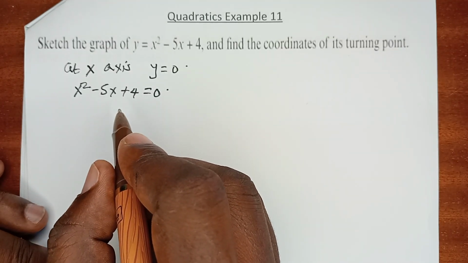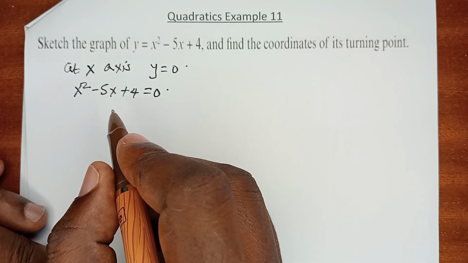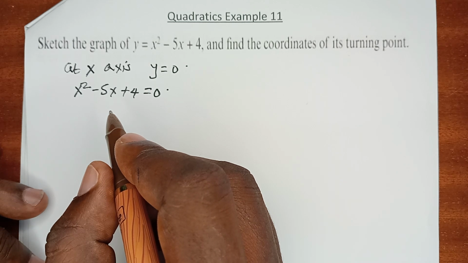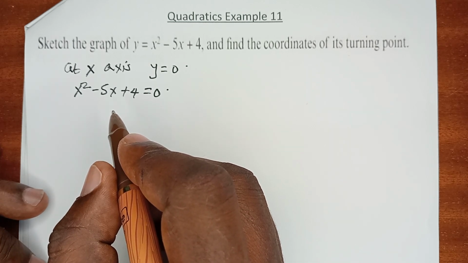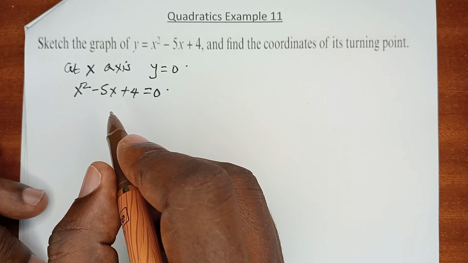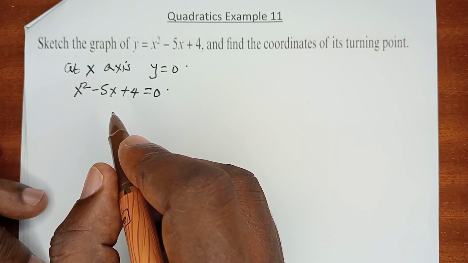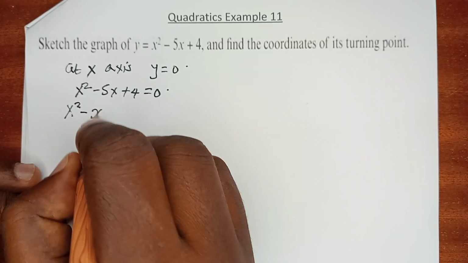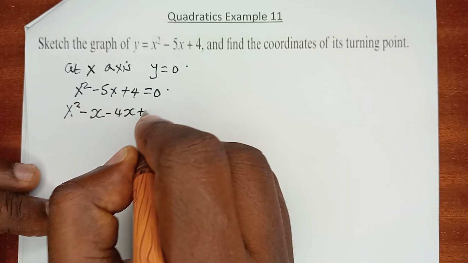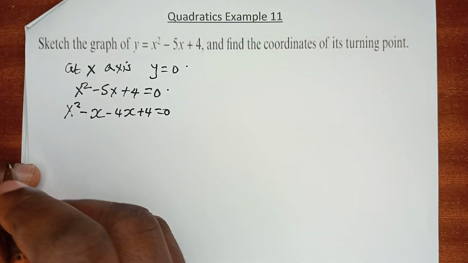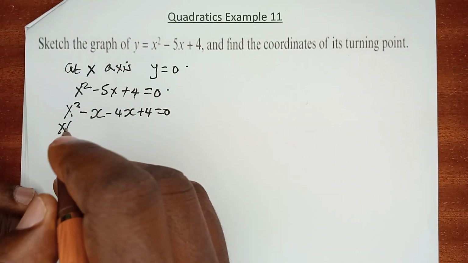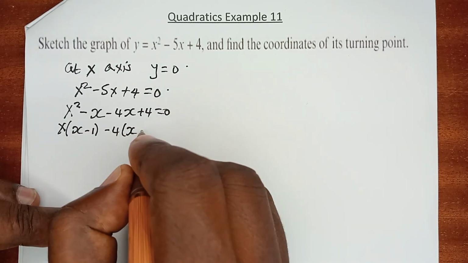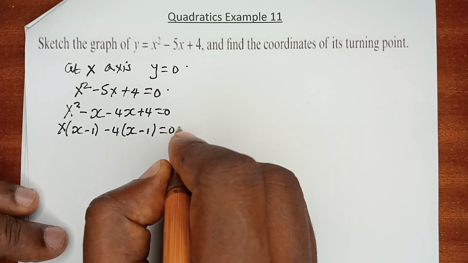And of course, we can easily use factors. Like we have minus 4 and minus 1 to give us minus 5, and minus 4 and minus 1 multiplied together give us a positive 4. So we have x squared minus x minus 4x plus 4 equals 0. x common, we have x(x minus 1) minus 4(x minus 1) equals 0.